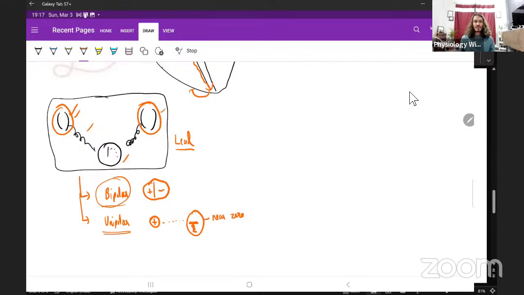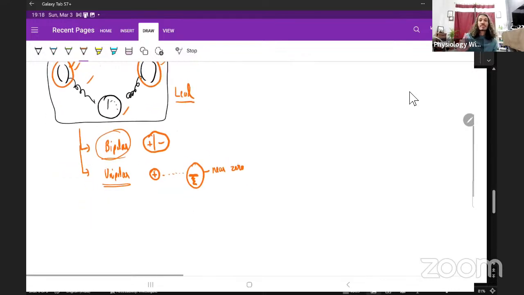Both are active, and that will give you one lead. Now you take your right arm with your left foot, connect them using a bipolar, two electrodes, then that will form another type of lead. You take this and this, again another type of lead. Like that, you can create different leads. This will help you detect your electrical activity. How does it help you detect? That we have to understand.